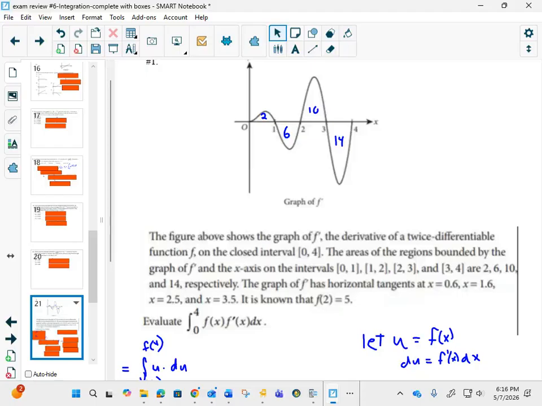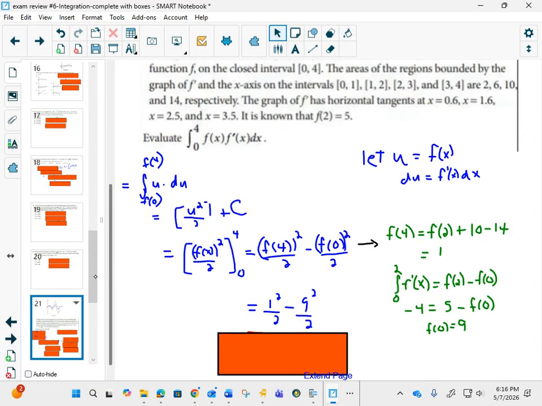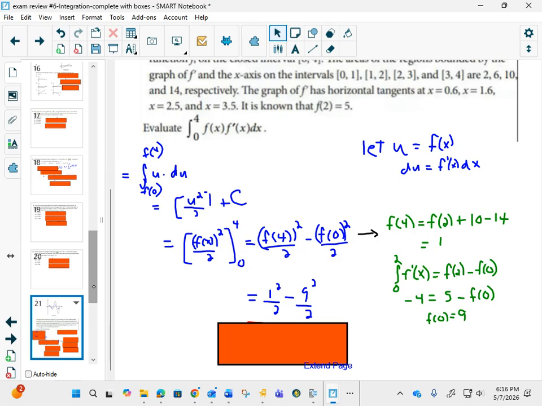So we could work backwards and add 6 minus 2 to get f of 0 to be 9. And 9 squared is not 16. So 1/2 minus 81 over 2 is negative 40.